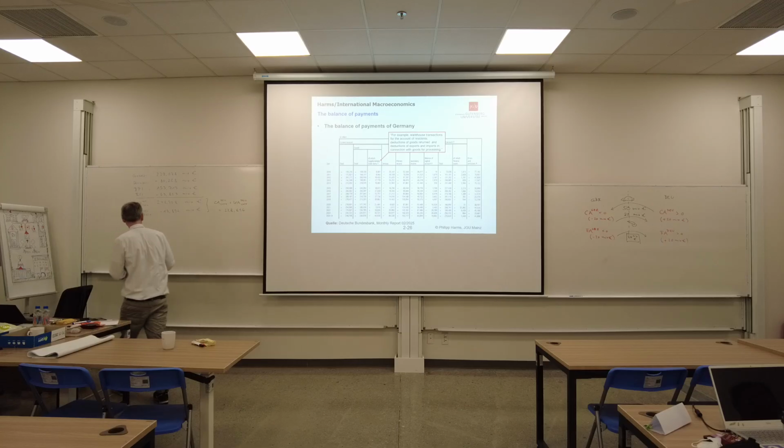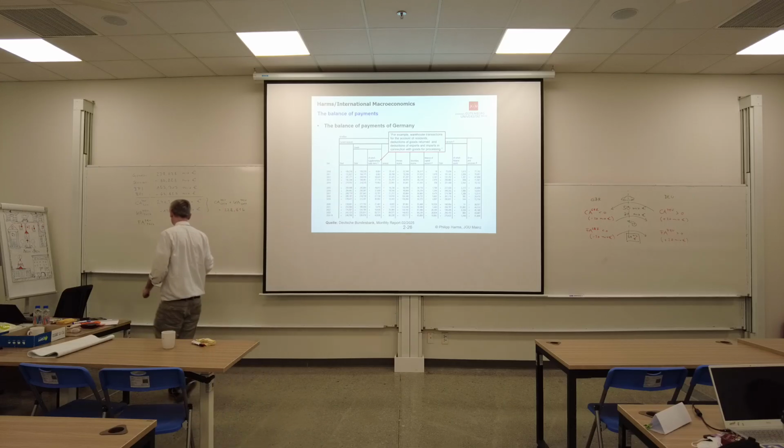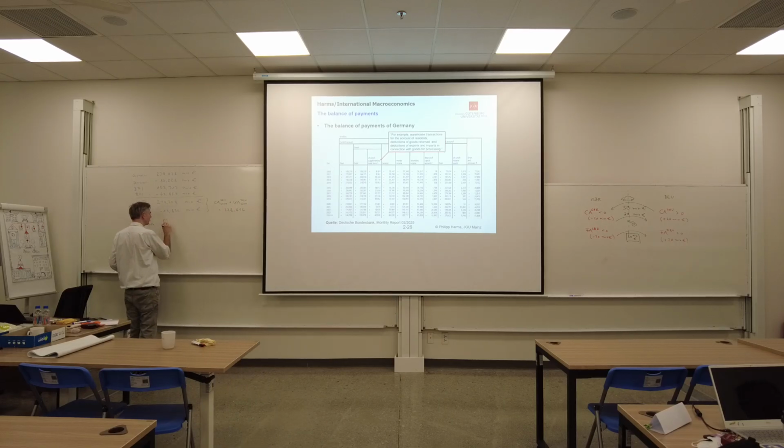The financial account in Germany was 270,623 million euros. Okay, is this the same number as that? No. Okay.